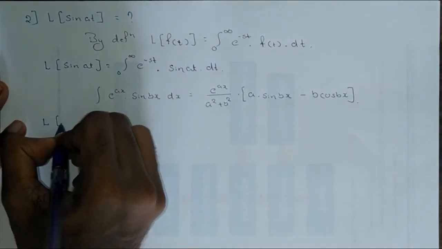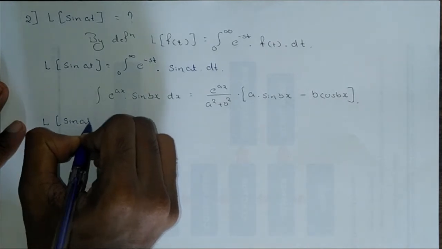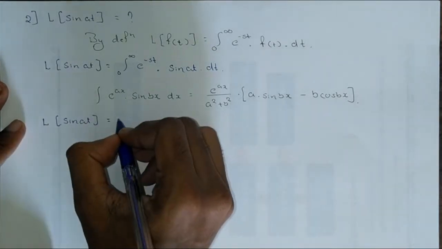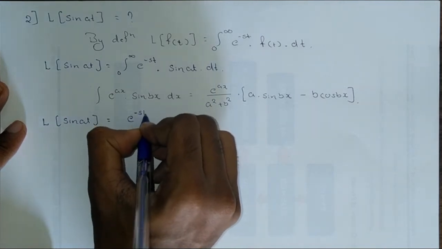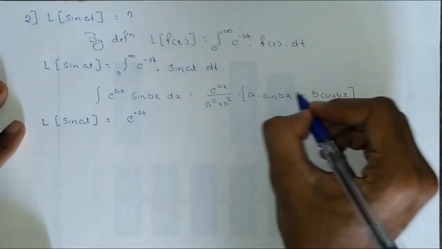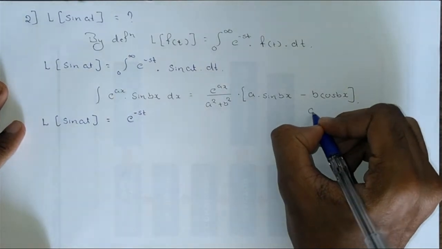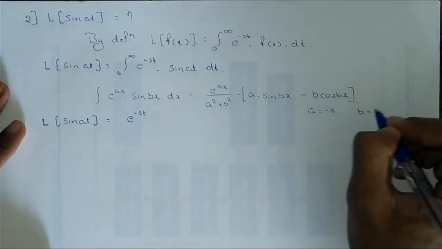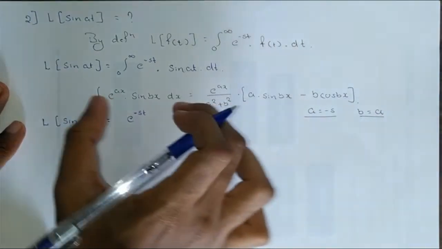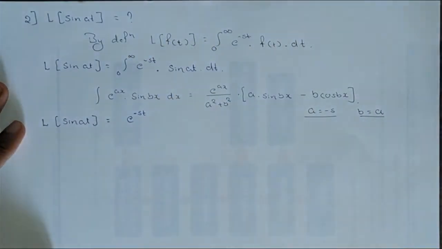So Laplace of sin at is equal to e raised to minus st. So just listen carefully. a is equal to minus s and b is equal to a. We compare this equation with this.